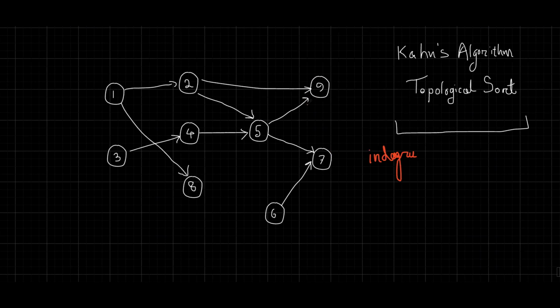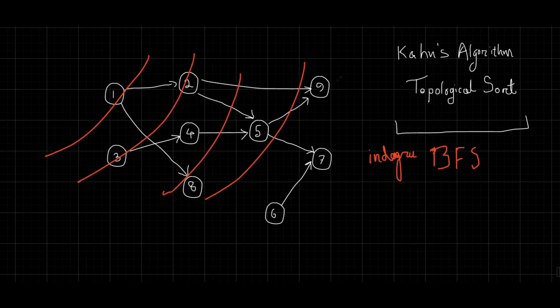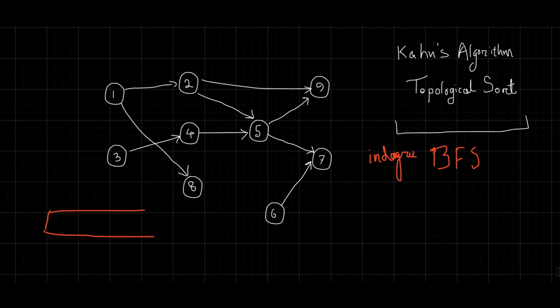To implement Kahn's algorithm, we will use BFS, which is breadth first search. BFS is basically a level by level order search. So by using BFS, we will implement Kahn's algorithm.